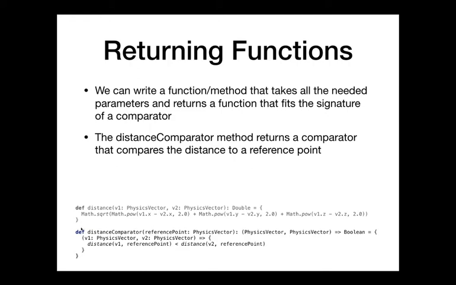And furthermore, this method itself is pure. Whenever we give this method a reference point, it's always going to return a function with the same behavior. So I have a pure method that's creating pure functions. Nothing's relying on state here. I don't have to worry about the state of my program affecting the behavior of this comparator.